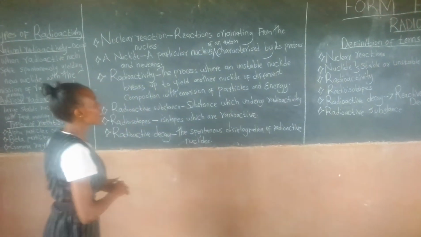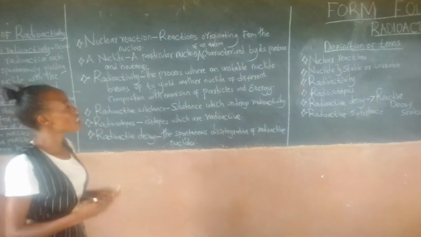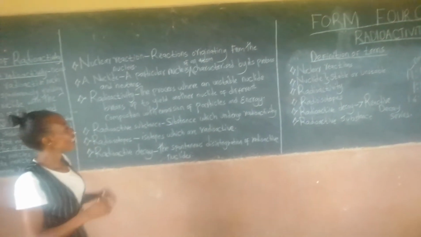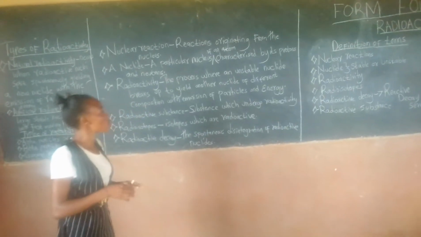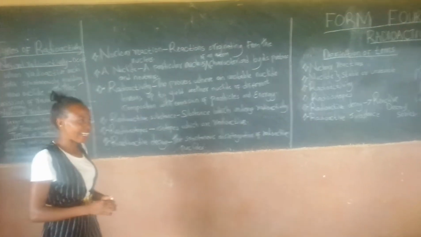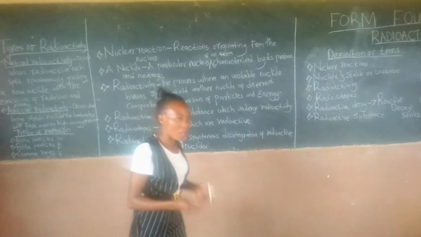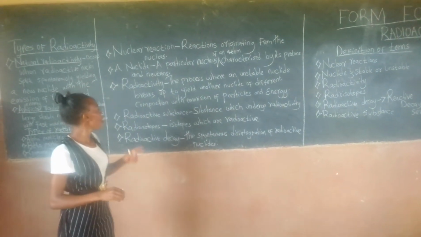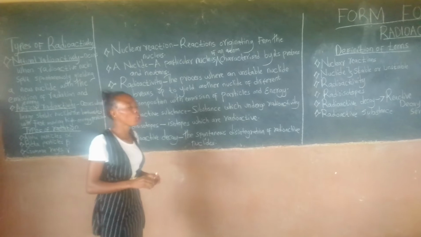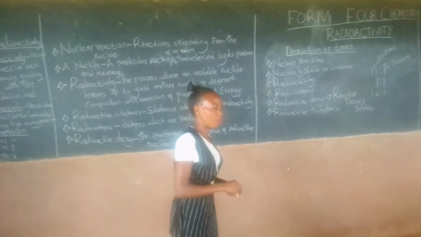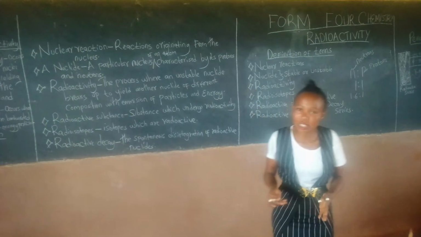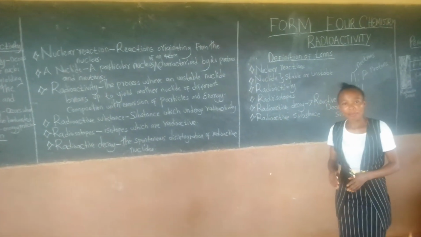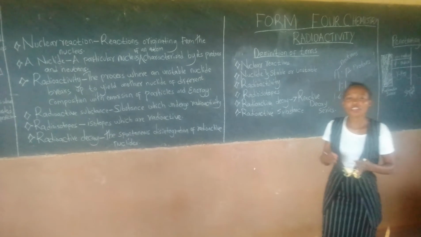So another term is radioactivity. The topic itself is radioactivity. What is radioactivity? It is the process where an unstable nuclide, a nuclide that is not stable, breaks up to yield another nuclide of different composition with emission of particles and energy.